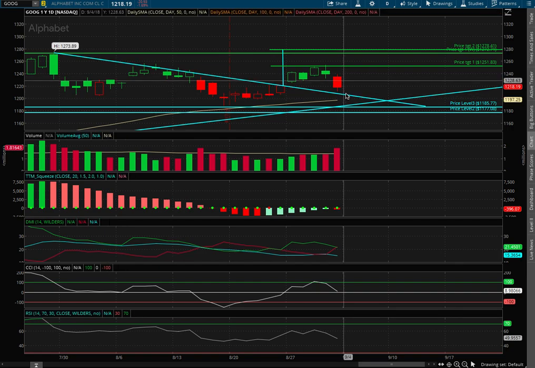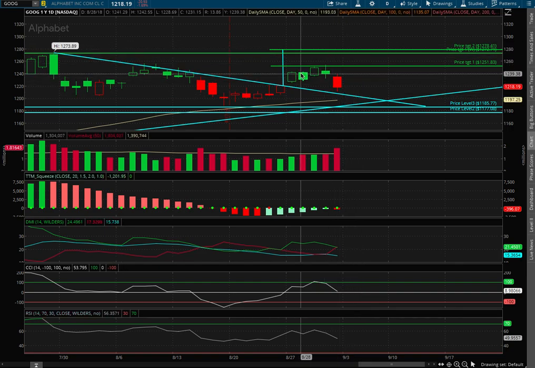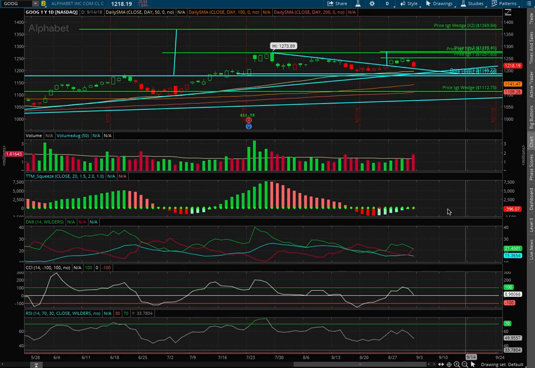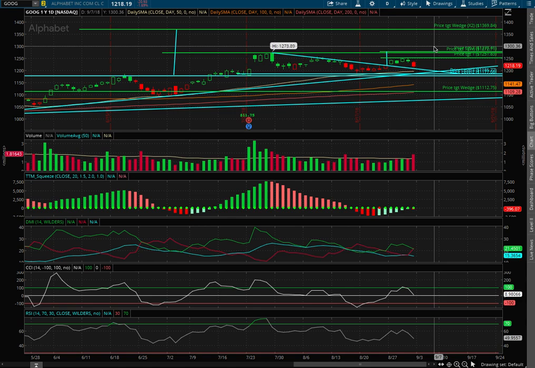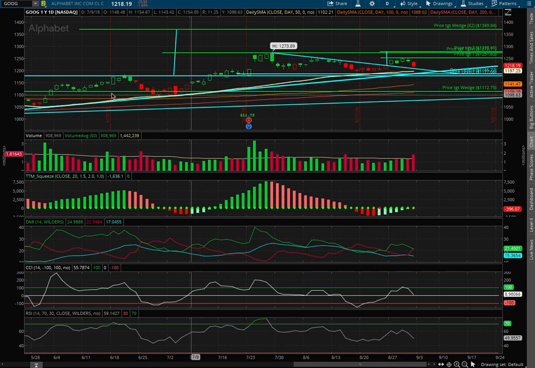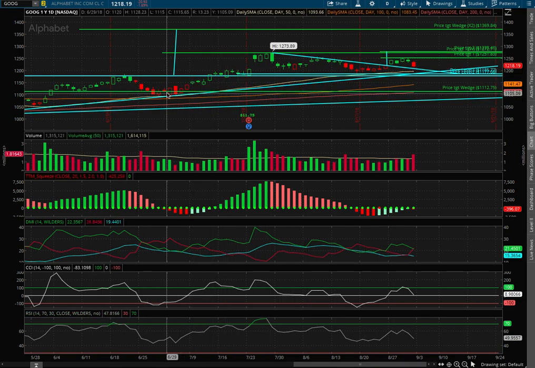Okay, so alphabet class C might see 1278 this month or higher. So if we get 2 big candles and breakout this month, we could probably see 1300. That's a big move. All because we've done our homework. We did our support and resistance lines.